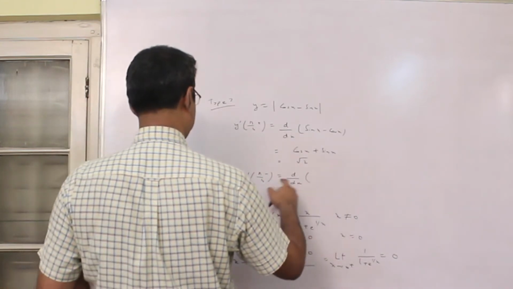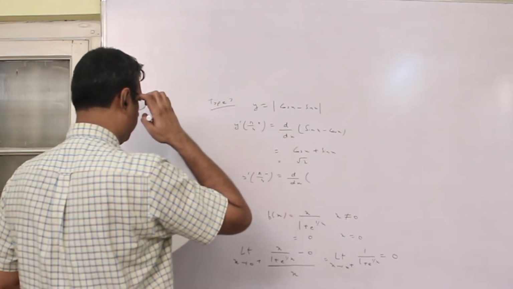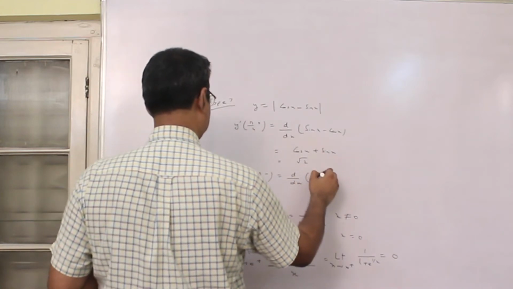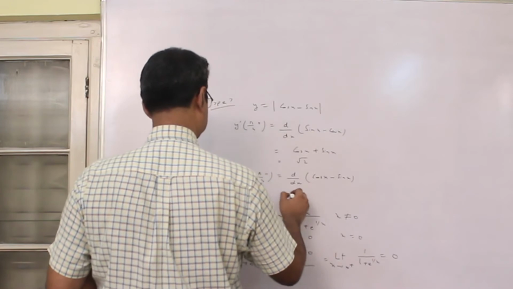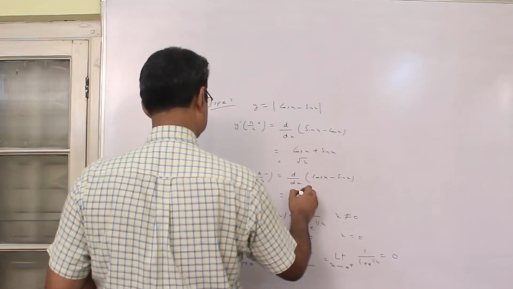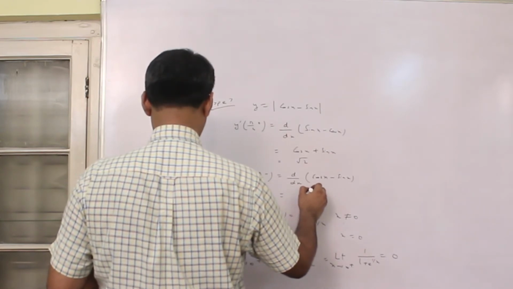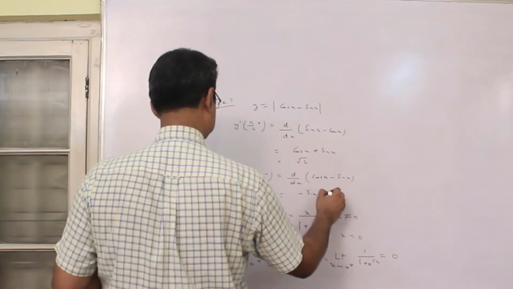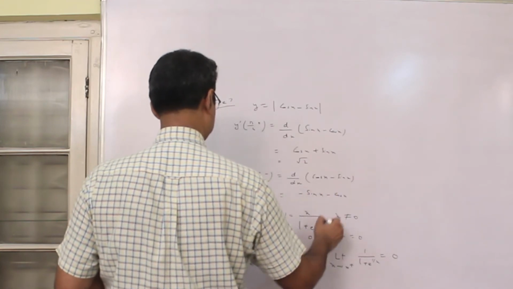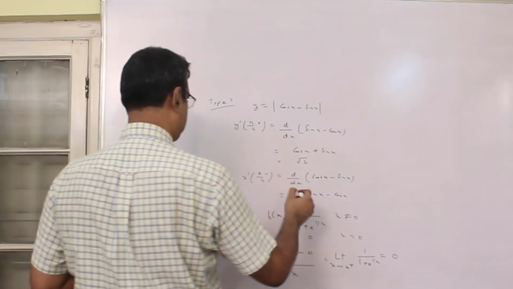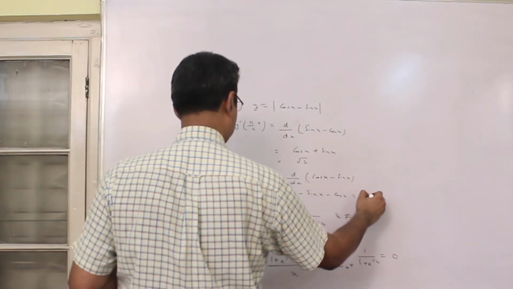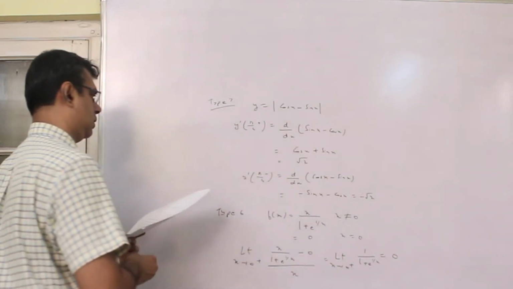And if x tends to pi by 4 from the negative side, then this is the function value, and if you put pi by 4, then it is coming to minus root 2.